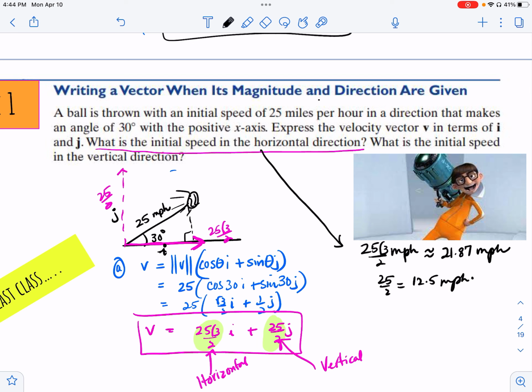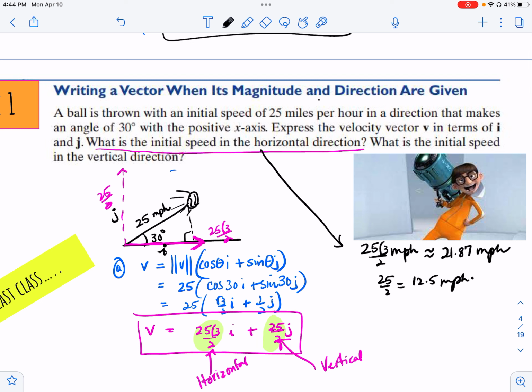Its magnitude is 25, angle is 30 degrees. We know the values of these: cosine 30 is root 3 over 2, sine 30 is half. Time to distribute: 25 root 3 over 2 i plus 25 over 2 j, and I have written that vector in terms of i and j.